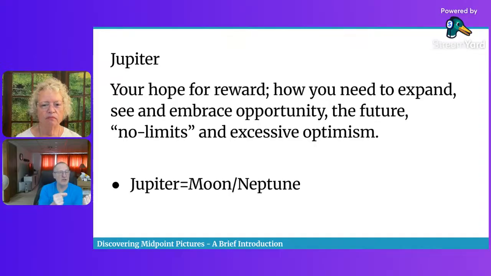But what we know about Jupiter, Jupiter needs to expand. Okay? It has no boundaries. You see it with the Sagittarian symbol, and it's the arrow that you're shooting up there into the sky, and it will go as far as it can possibly go. You don't even know where it lands. It went so far. Okay, it's your ability to see and embrace opportunity.